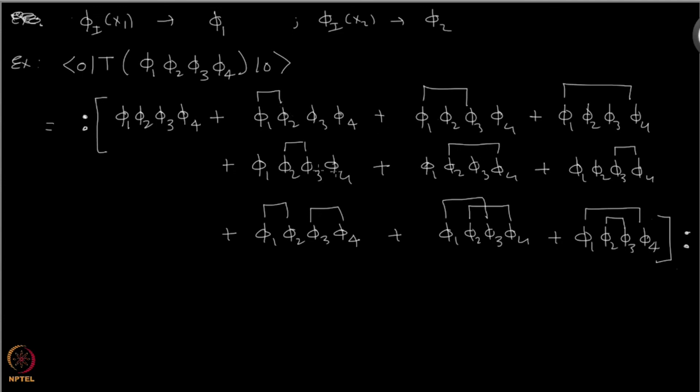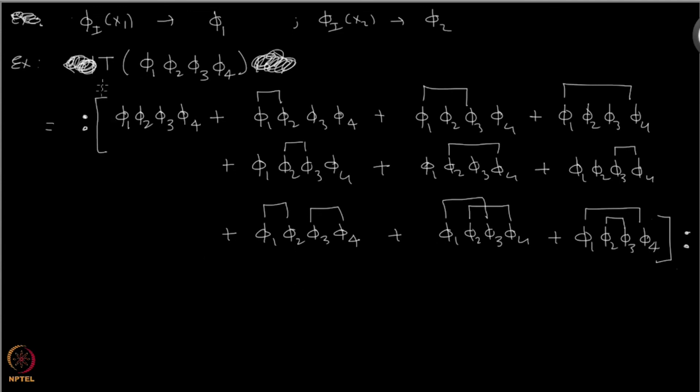So these 6 contain 2 operators each, and these 3 are fully contracted, so there is no operator left at all here. I think I have written wrongly; I should omit this. That's just the time order product. This is the result.